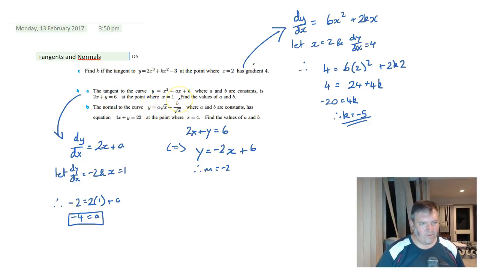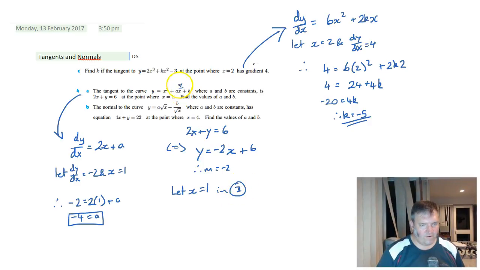At the point where x equals 1, this is the tangent. So that will tell me the y-coordinate where the tangent meets the curve, won't it? So we go ahead and find that out. So let x equal 1 in equation 2, and I'll go back and label them.